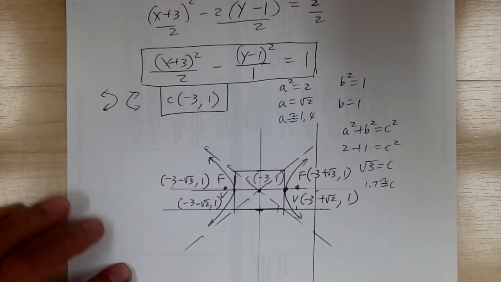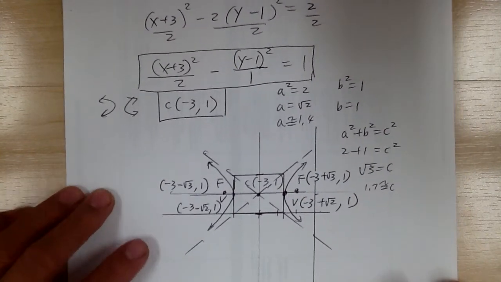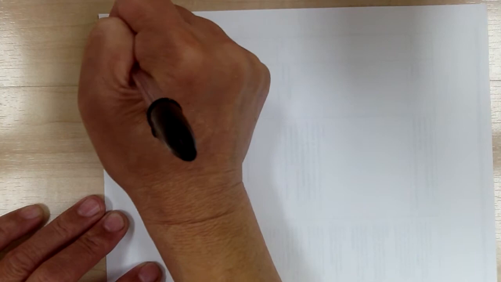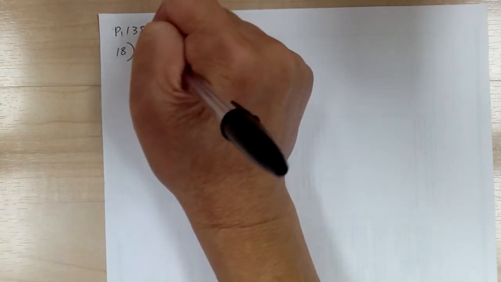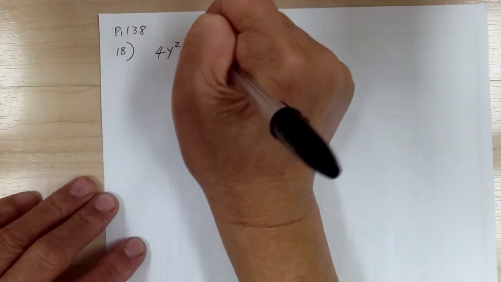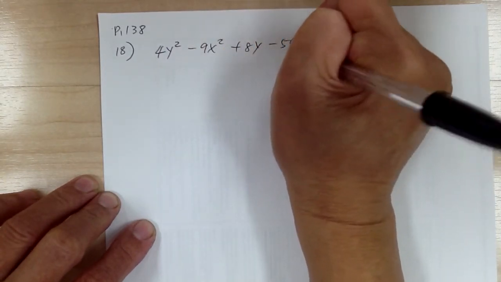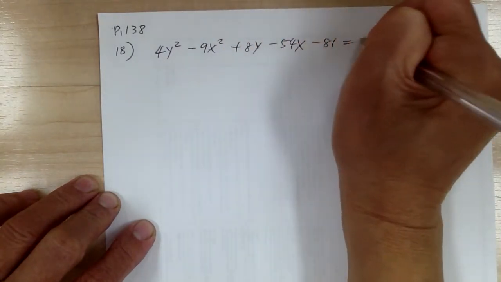Okay, let's go to number 18. You have 4y squared minus 9x squared plus 8y minus 54x minus 81 equal to 0.